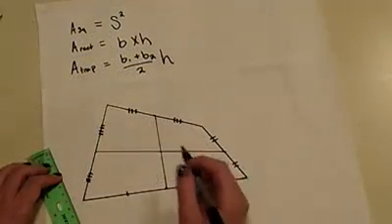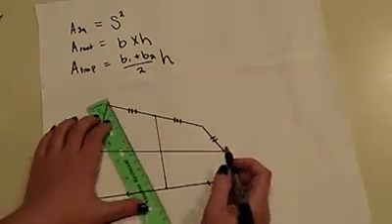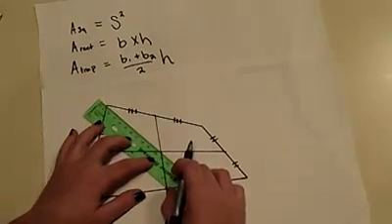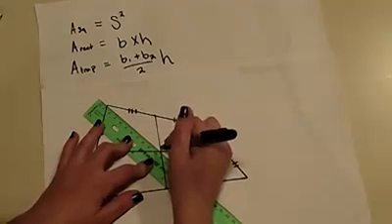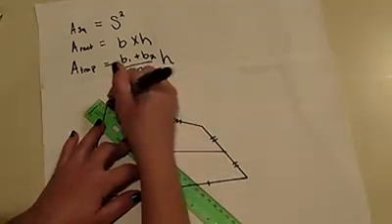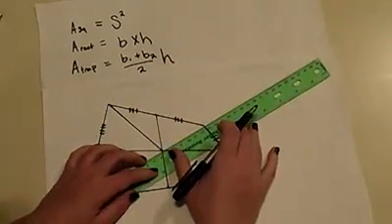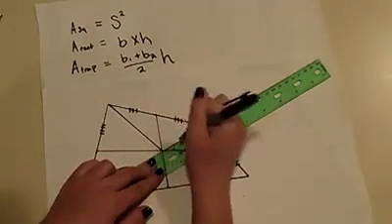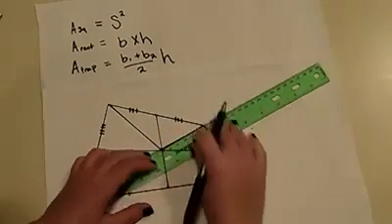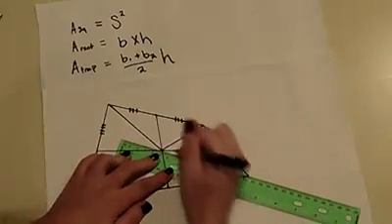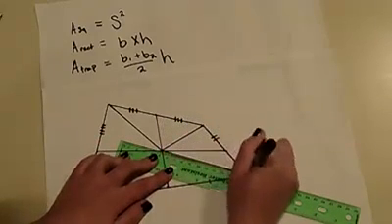Now we can further split this into smaller shapes by creating triangles out of each of these 4 sections. Each of these triangles will have a base and a height that we can see from this picture.